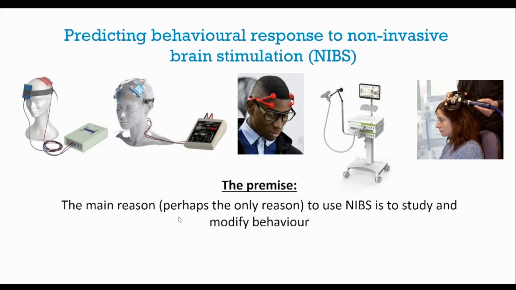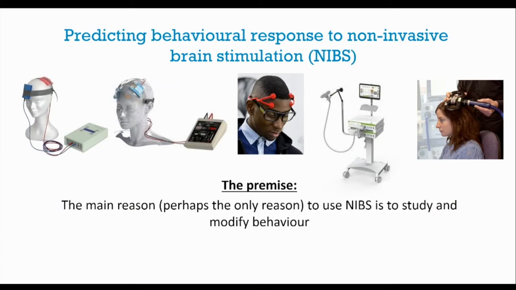Throughout the talk, I'm going to refer to different kinds of non-invasive brain stimulation in a fairly loose way. A lot of it will touch on tDCS or alternating current stimulation, tACS, and some of it on TMS, which are probably the most widely used non-invasive brain stimulation techniques.